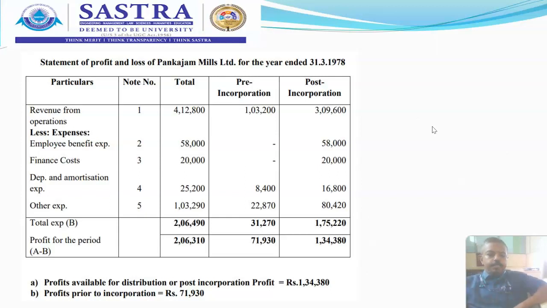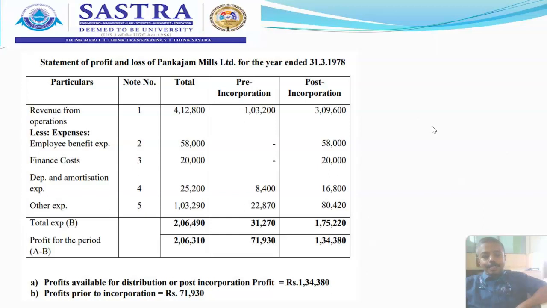Employee benefit expenses, total amount 58,000, is allocated directly to post-incorporation. Finance cost, note number 3, rupees 20,000, directly allocated to post-incorporation period. And then depreciation and amortization expenses, note number 4, rupees 25,200, allocated rupees 8,400 to pre-incorporation period and rupees 16,800 to post-incorporation period.